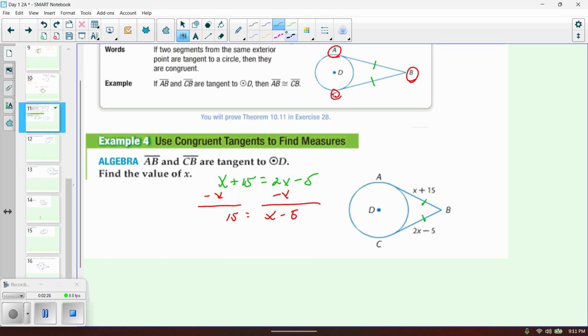Then one more step, we add 5 to both sides, and we get that 20 is equivalent to X. And we've solved for X. Obviously, if we wanted to find the length of the side, you would just plug it back into either one because it should be the same.